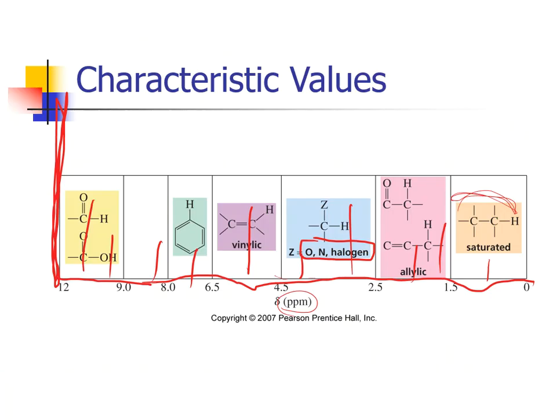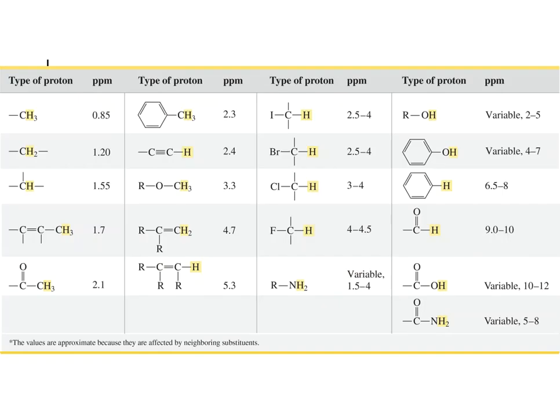So the first one looked like this, and in the 7 ranges, the 6.5 to 8, what we typically see here is a benzene ring with a proton on it, at least one. So this makes me feel really good about that ring system again, right? And then we had this type of chart as well. And if we're looking here at 7s, it looks like, hey, 6.5 to 8, it's a benzene ring with a hydrogen off of it. So that's a possibility.